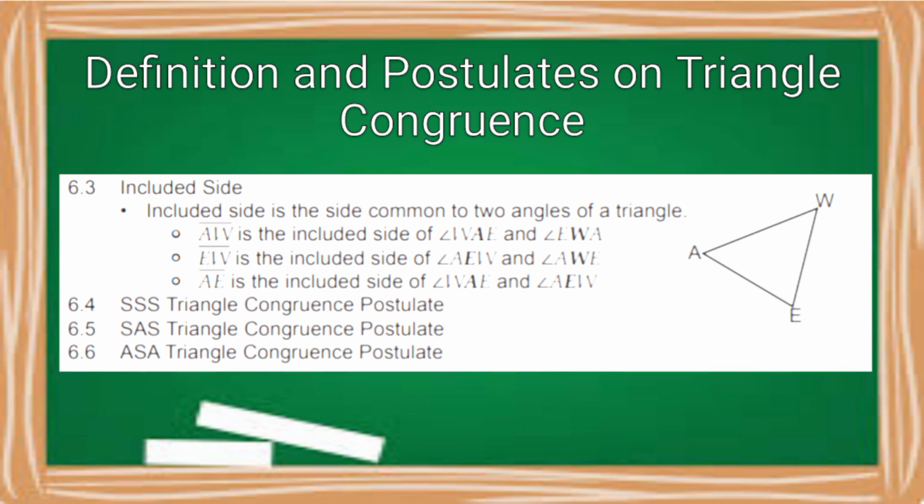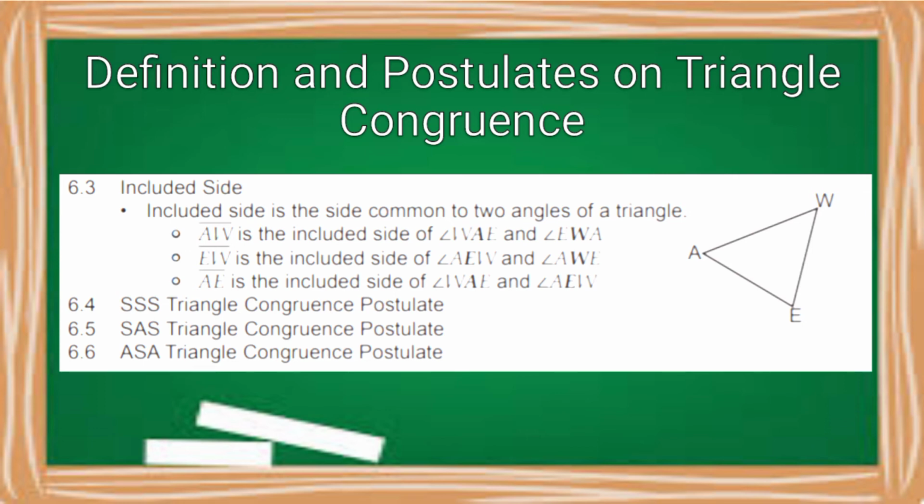The segment AW is the included side of angle YAE and EWA. And the segment EW is the included side of AEW and AWE.